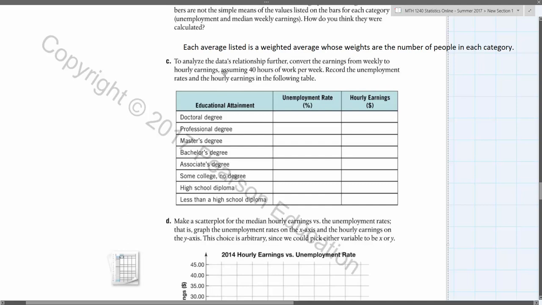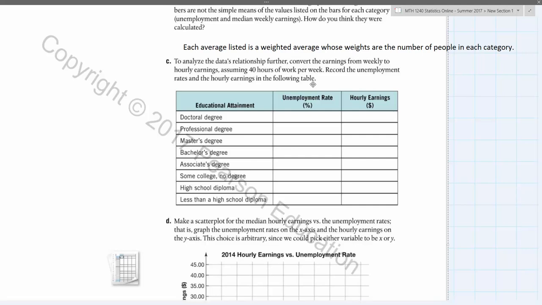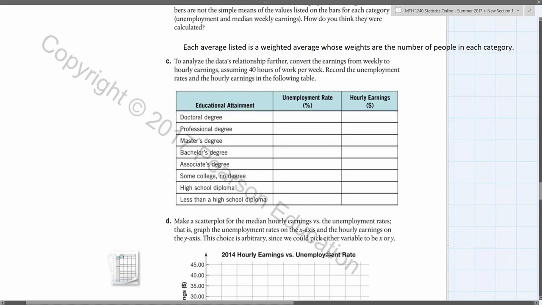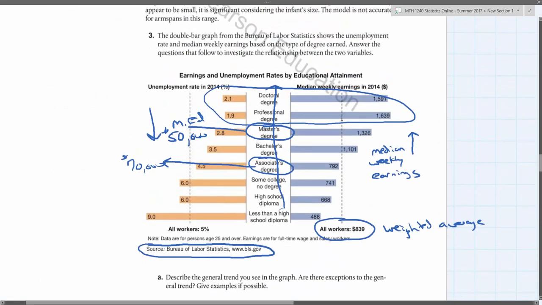It says to analyze the data's relationship further, convert the earnings from weekly earnings to hourly earnings, assuming 40 hours per week, and then record the unemployment rates and the hourly earnings in the table provided. So for the first one, if we look at the doctoral degree, they make 1,591.